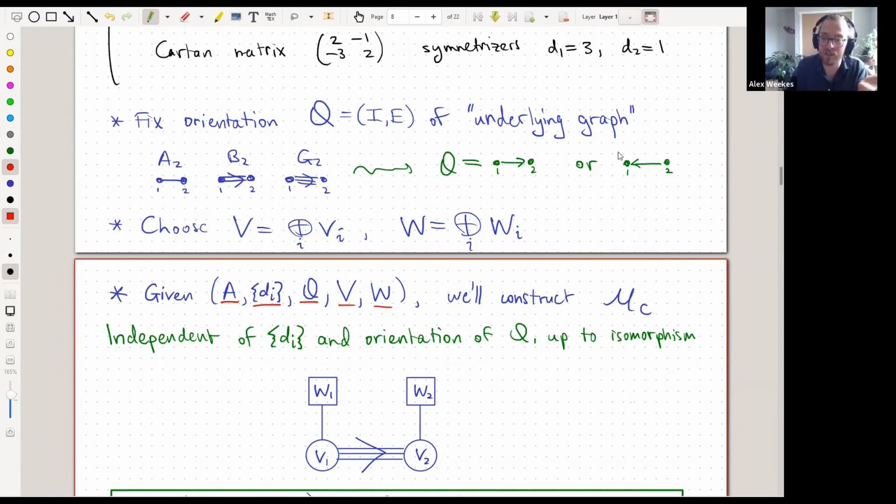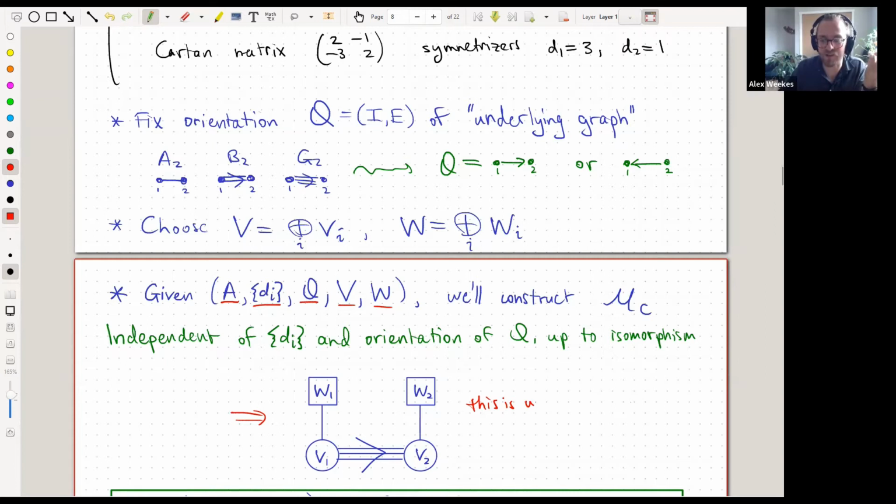So for example, here, it doesn't matter which one of these we take. We're going to get the same Coulomb branch up to isomorphism. And so it's meaningful to actually write a picture like this down.